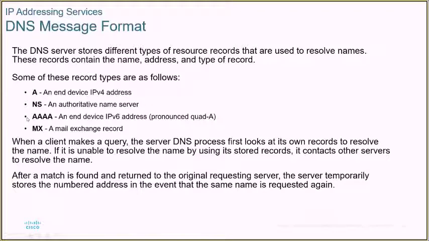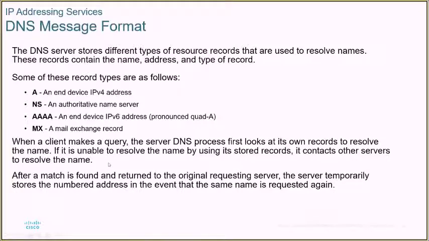There's a quadruple A or quad A entry, called that because an IPv6 address is four times longer than an IPv4 address, so it gets four A's. And the last one is an MX record, which is mail exchanger. That's the type of record used for SMTP requests.